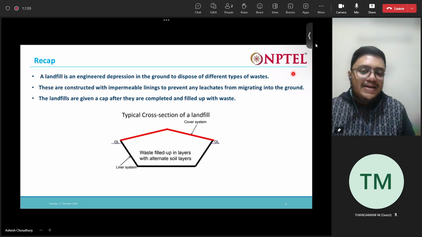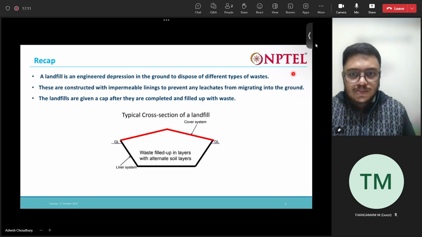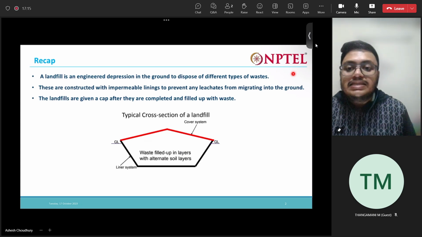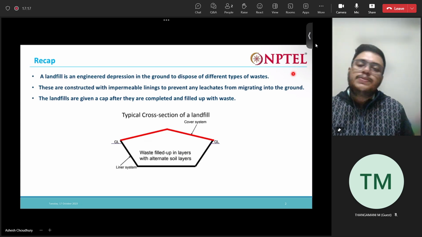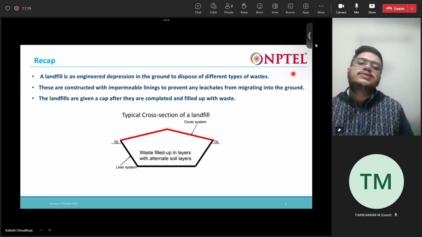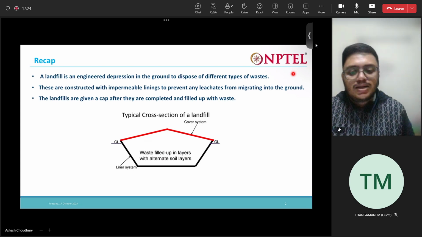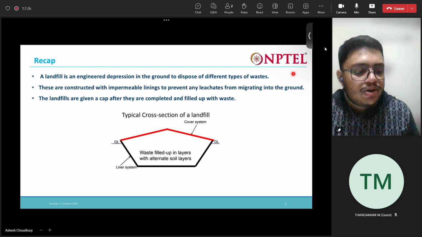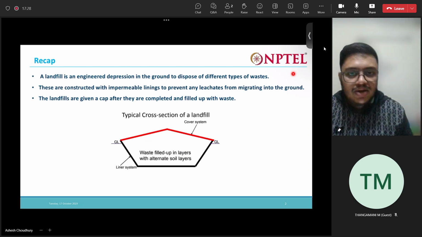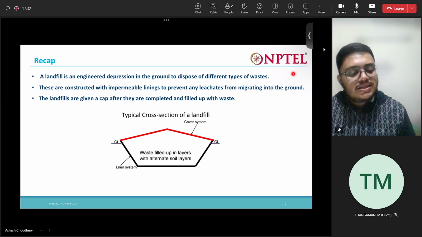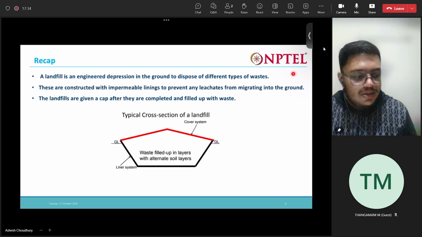So we need to safely dispose of those things, and for that reason we need these engineered landfills. Previously in India, municipal solid waste used to be dumped in non-engineered landfills, just somewhere in a site. But nowadays, in most places, engineered landfills are used.